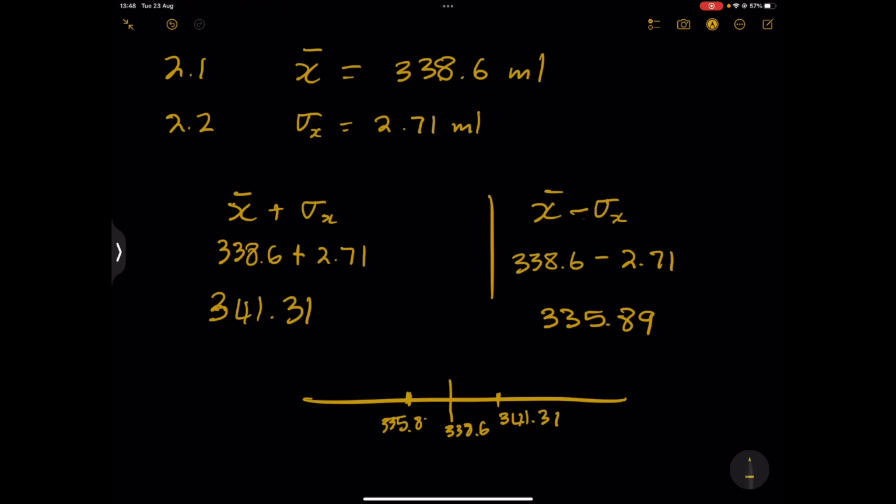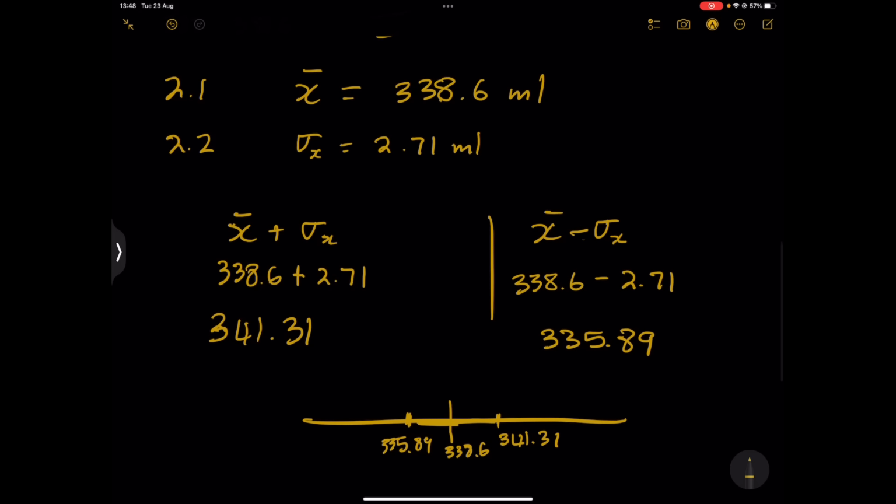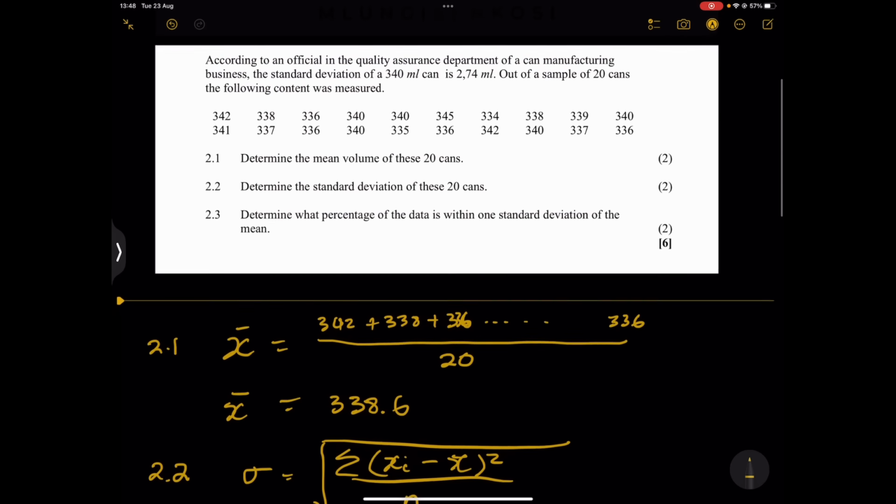You can say 335.9. Okay, so I want values that are within those two values there, right? That are above 335.89, but that are less than 341. Okay, so how many values do we have there?